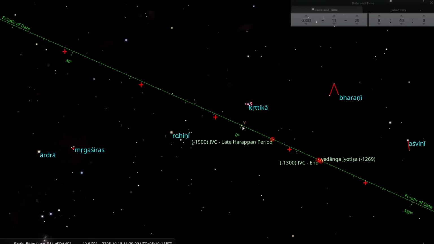And here it has finally reached Kritika nakshatra at 2350 BC. So Sri Bal Gangadhar Tilak says that this is the date on which Taitiriya Samhita as well as Taitiriya Brahmana were written. Again, this date is huge because this date literally places us alongside the Babylonian civilization.